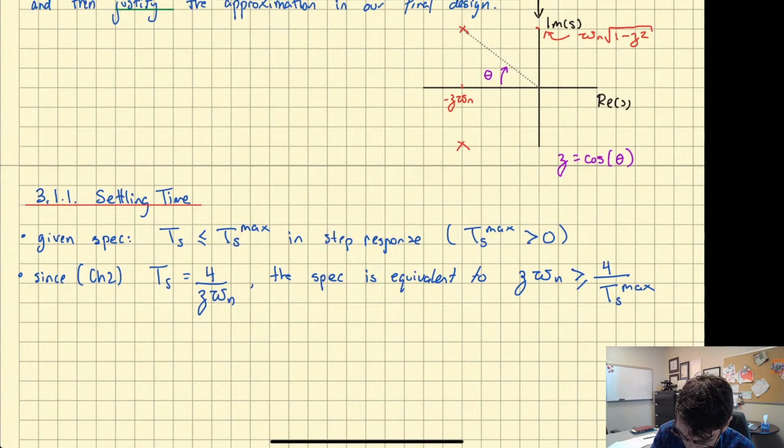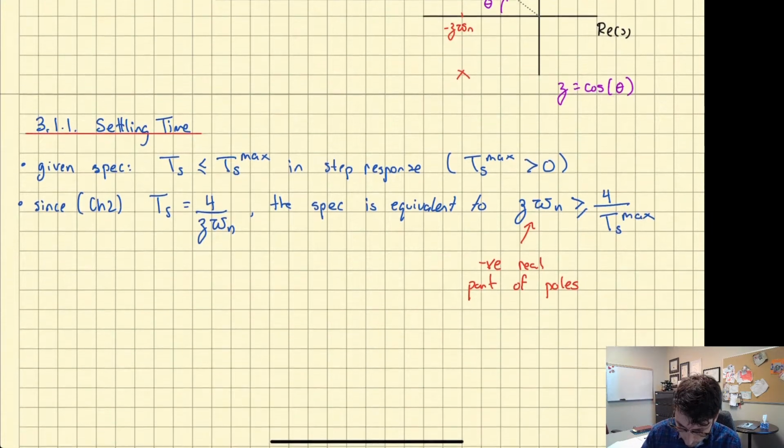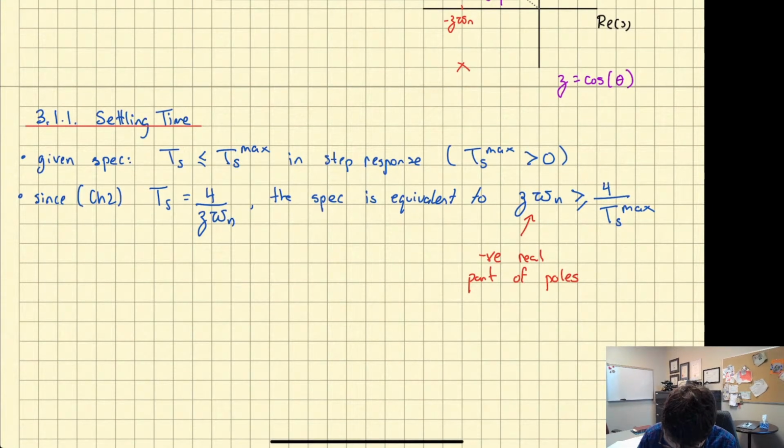Okay, and again, look at the picture above. This is negative the real part of the poles. So if you have a settling time spec, our good region in the complex plane will look like this.